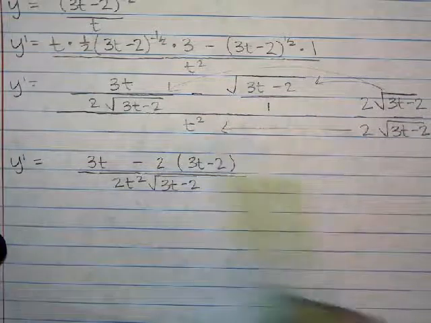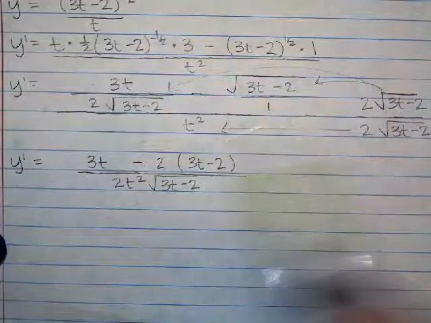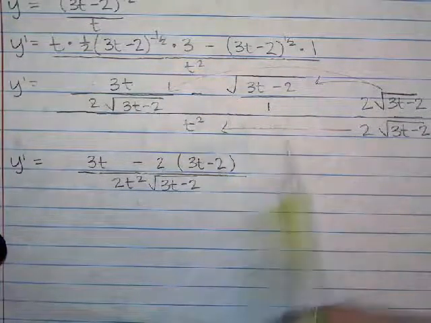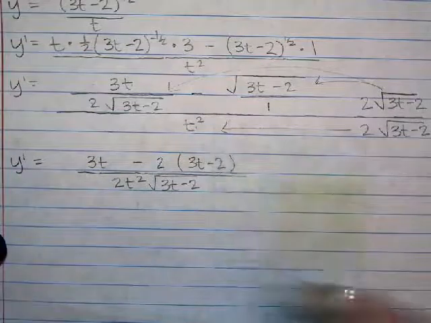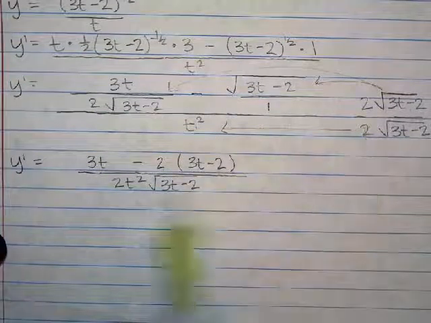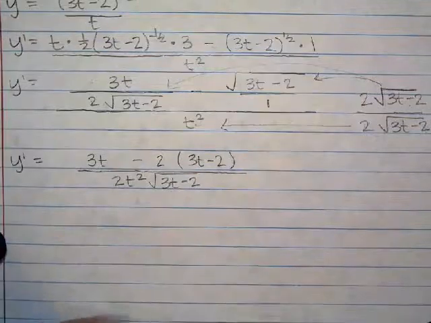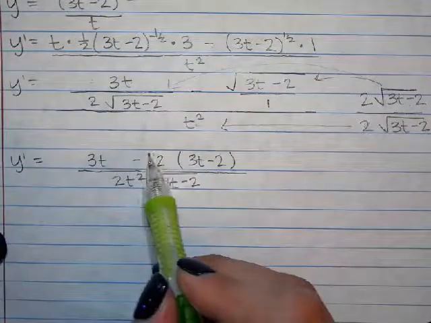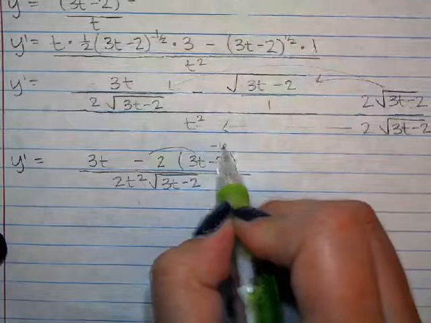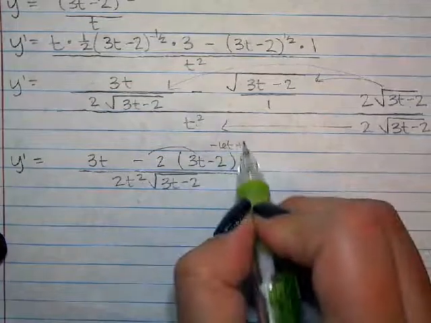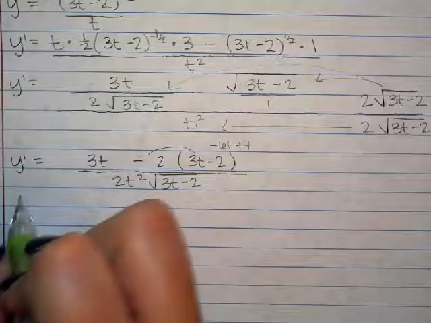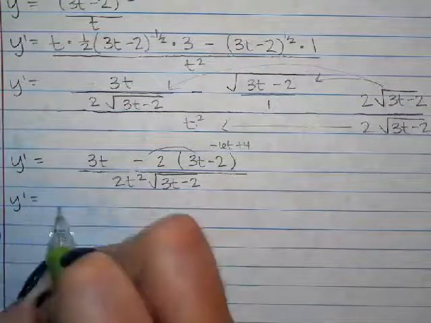Okay, so let's clean up the top. We've got negative 6t plus 4. So y prime, my denominator's not changing at all. And then negative 6t plus 4.